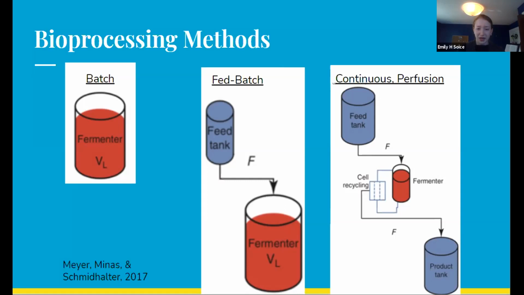You can also have a fed batch system where you have a flow of your biomass or media into that fermentation tank. Or in a later design, you have what's called a continuous or perfusion system, where you are constantly flowing new media over the cells. You have a system to capture the cells, but otherwise you have a way to also allow that media to flow out of the cells. So you're constantly washing the cells with new media.